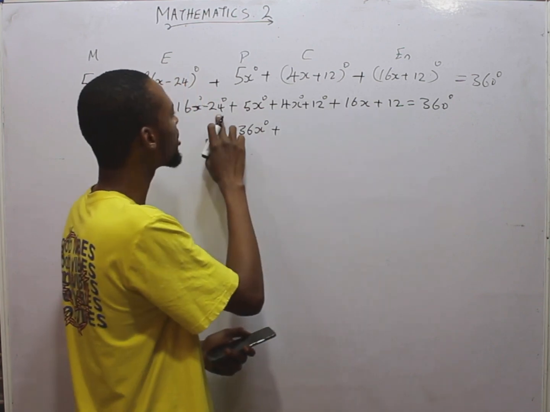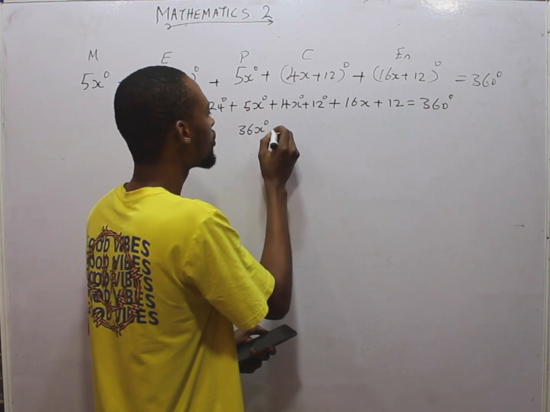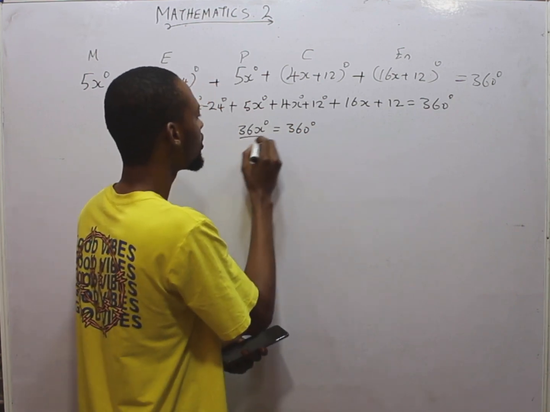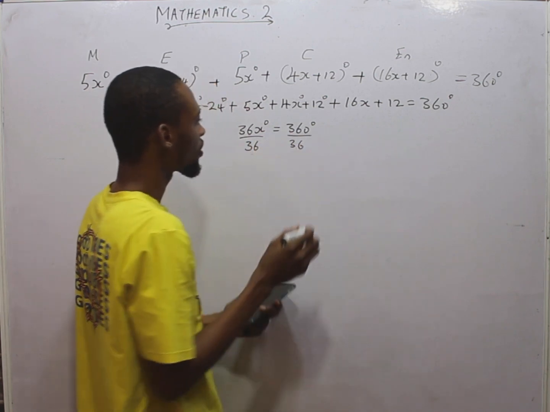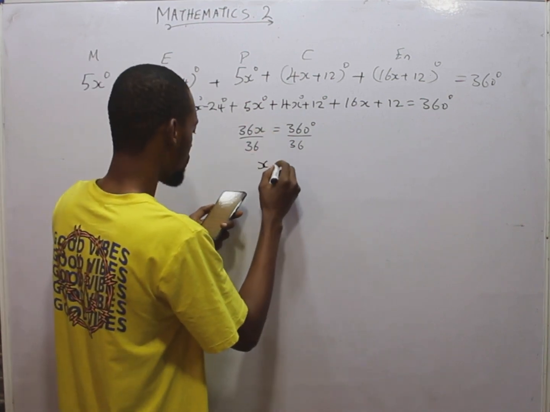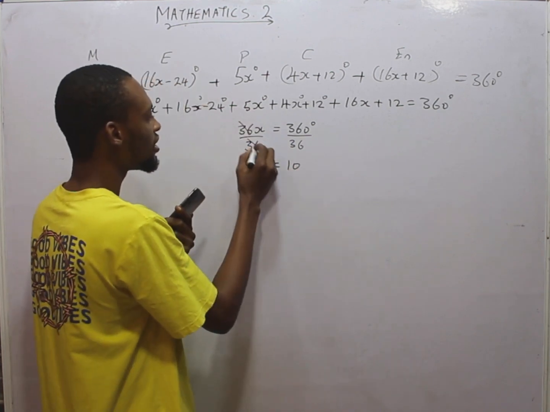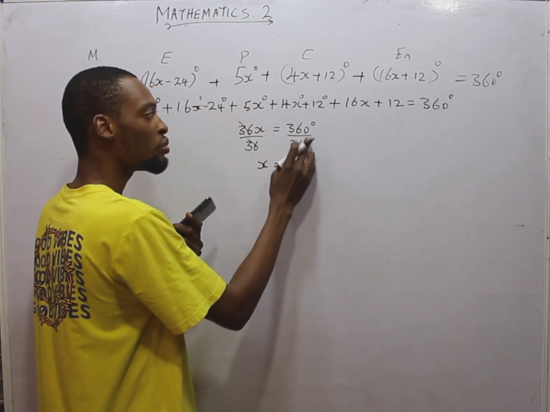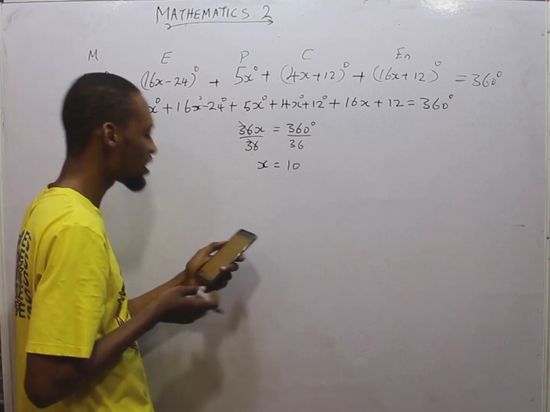This will simply be minus 24 plus 24, that should give you 0. So that sums up to 36s equals 360 degrees. Therefore, let's divide both sides by 36. Dividing both sides by 36, s will simply equal 10, because 360 divided by 36 gives you 10. So s is equal to 10.